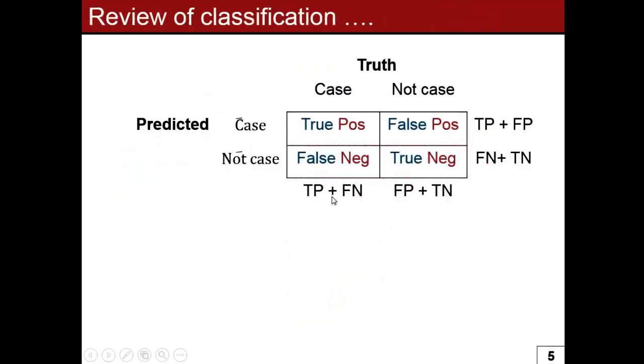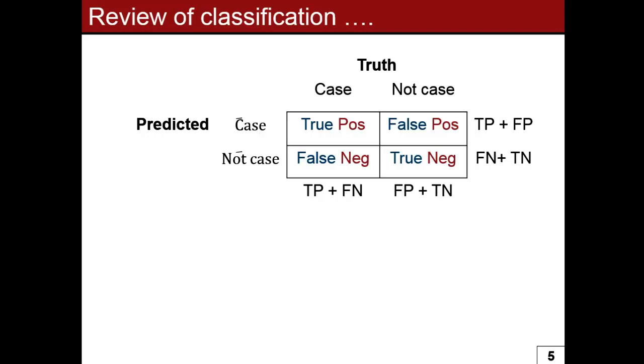We can formalize this using the concepts introduced in EPI 530 around the classification table. This is yet another one of our fun EPI 2x2 tables, but this is the one that was formalized a year ago to talk about sensitivity and specificity and positive and negative predictive value.